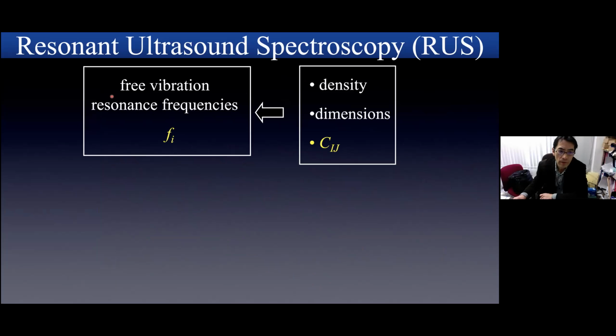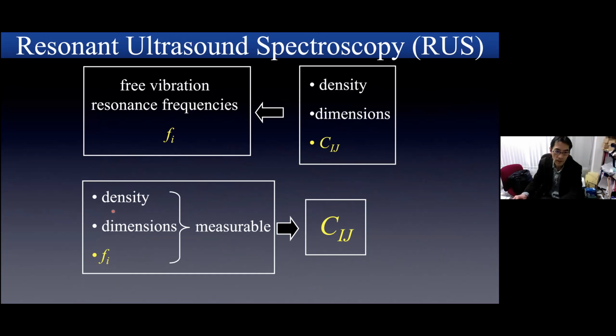There are many free vibration resonant frequencies of a solid, and they depend on the mass density, dimensions, and all of the elastic constants. So by measuring the density, dimensions, and many resonant frequencies, we can determine all of the independent elastic constants inversely.